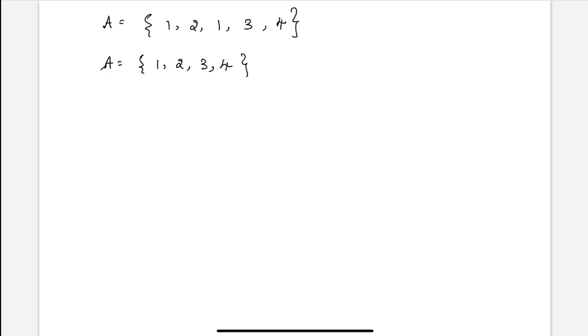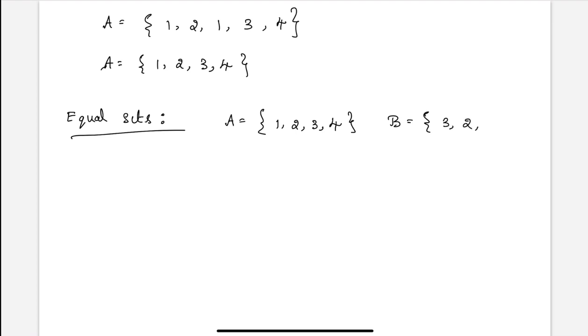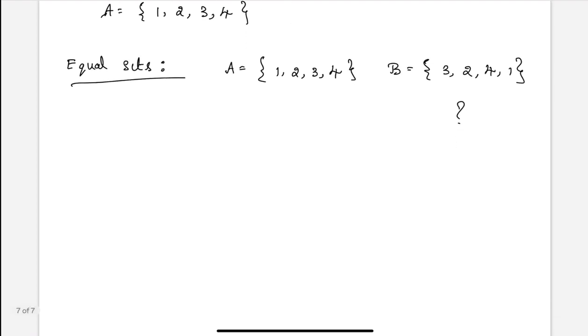Now we'll see when the sets are equal. What do you think, when may two sets be equal? Suppose I have A to be 1, 2, 3, 4, and B to be 3, 2, 4, 1. Do you think these sets are equal? Yes, they are equal.